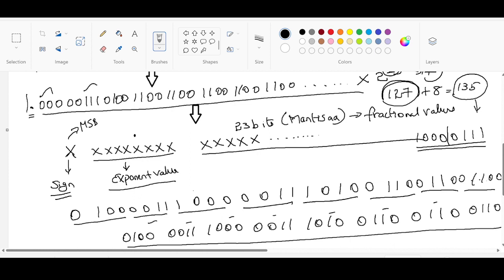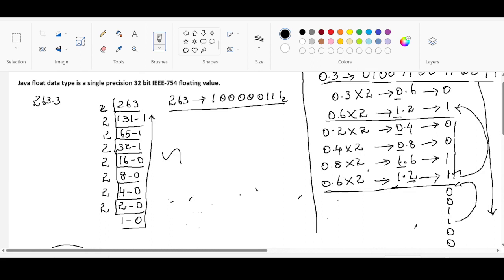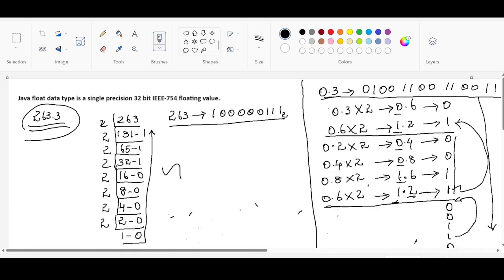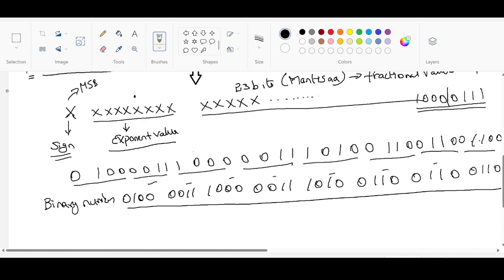This binary number will be stored internally in the register. This is how you can convert the decimal value, what we call the floating point number, to the equivalent binary number. We have followed three steps and we got this answer. This is the final answer.